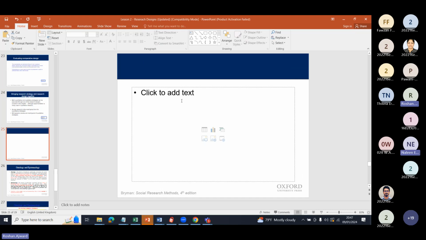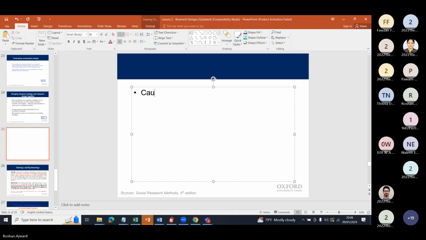So what do we mean by causality? This is not casual, this is causal. Causality is based on cause and effect. Cause leads to effect, isn't it?